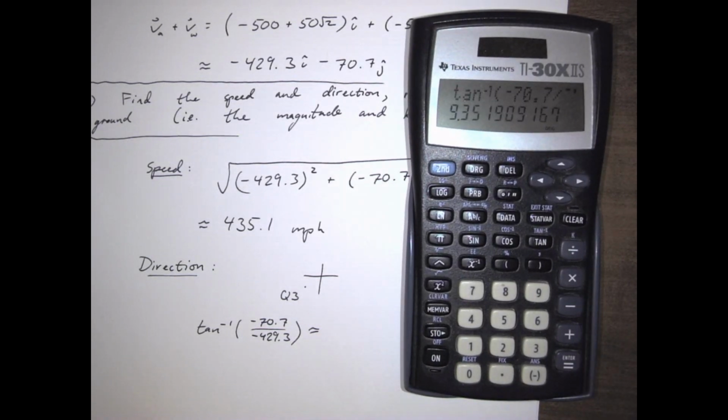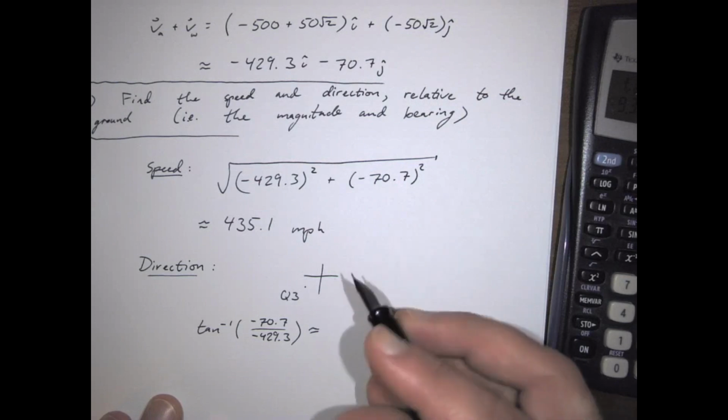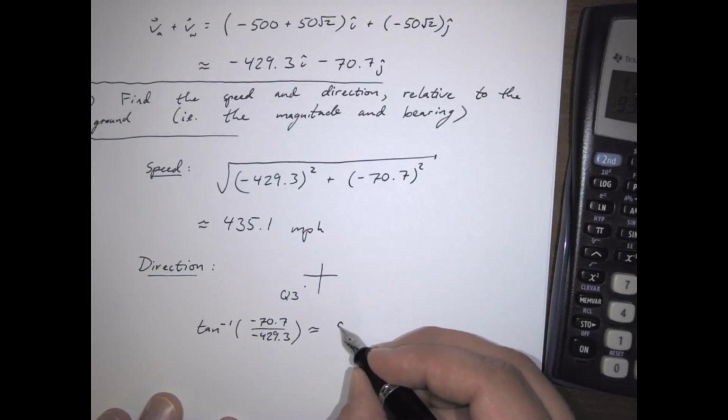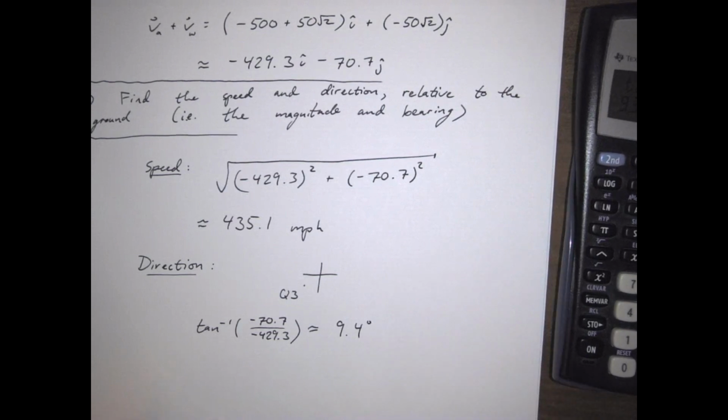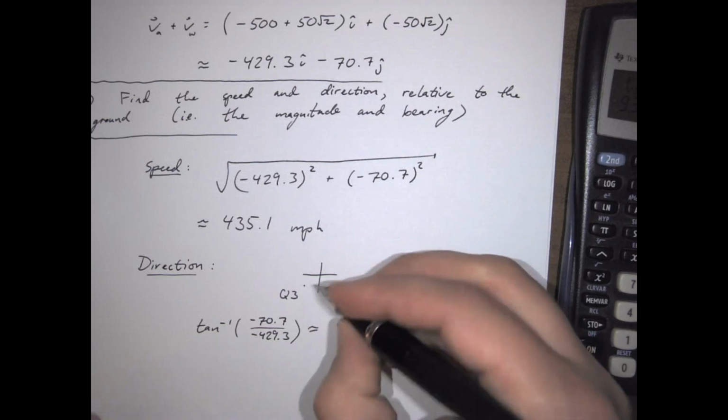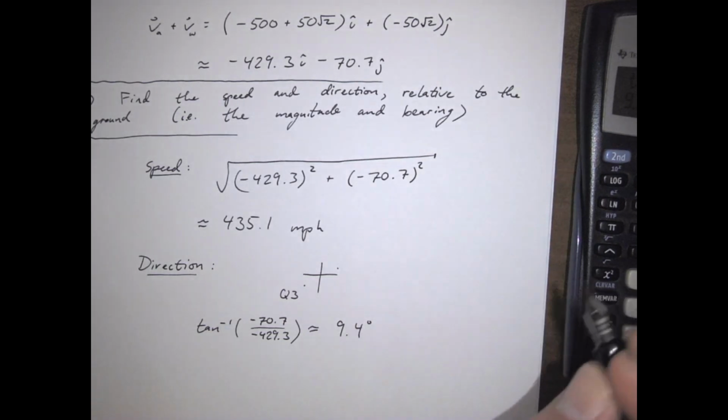So I get 9.35 degrees. So let's say 9.4 degrees if I round to 1 decimal place. Well, that's clearly wrong. Wrong quadrant.